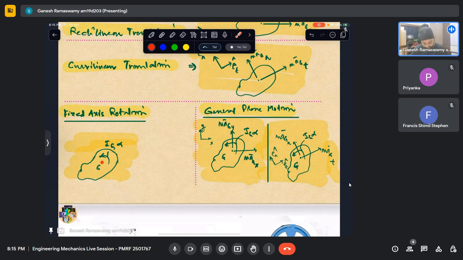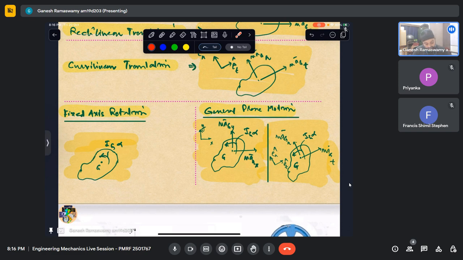So it has only Ig alpha. Whereas if it were rotating about this point, then this m a bar would also come. This a bar will get related to this alpha by our circular motion equations. Alpha cross r is equal to the acceleration a.